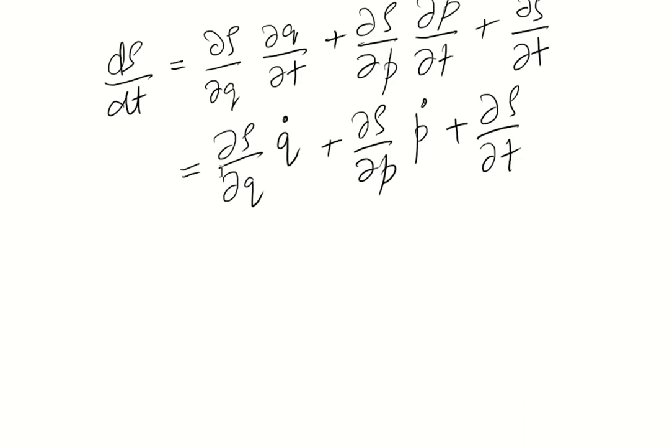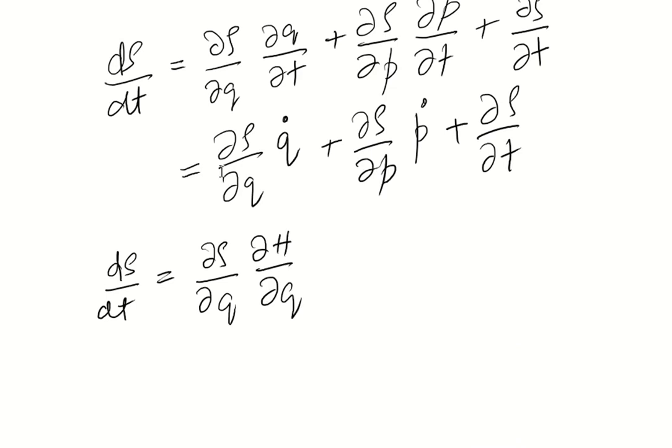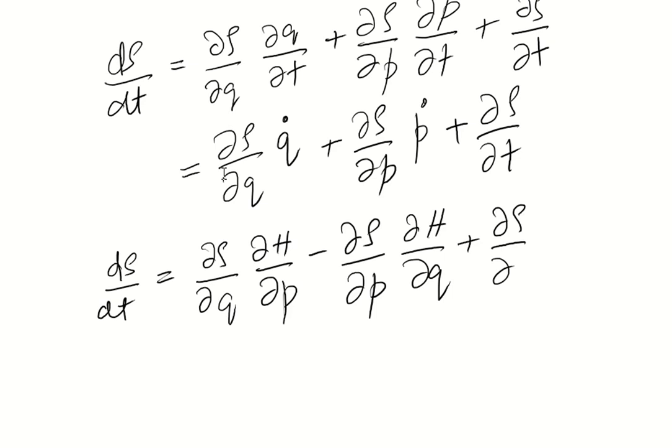So we get d rho over dt equals partial rho over partial q times partial H over partial p, sorry, minus partial rho over partial p times partial H over partial q plus partial rho over partial t. We call this our equation 3.